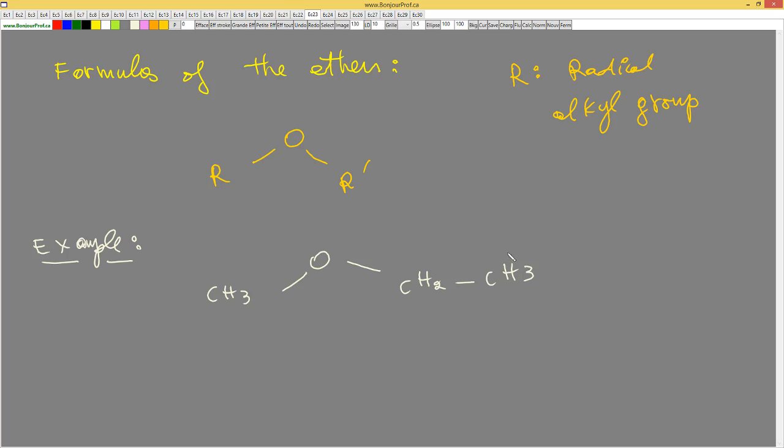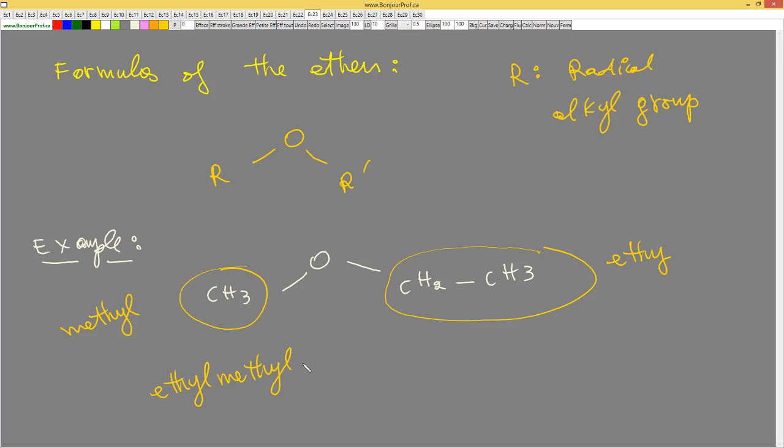Because we have an ether here, I have two groups, this one and this one, separated by the oxygen. This one is the ethyl, and this one is a methyl. So in alphabetic order: ethyl, methyl, ether. Ethyl methyl ether. This is how we're going to name this one here.